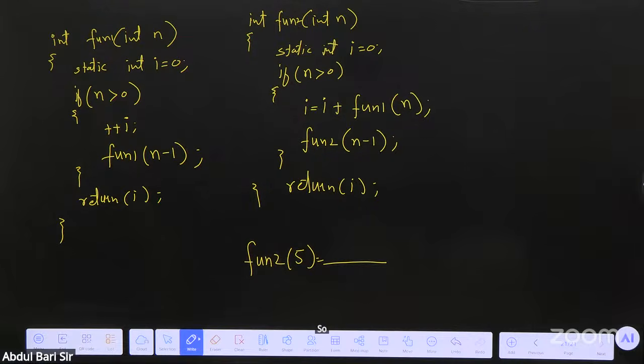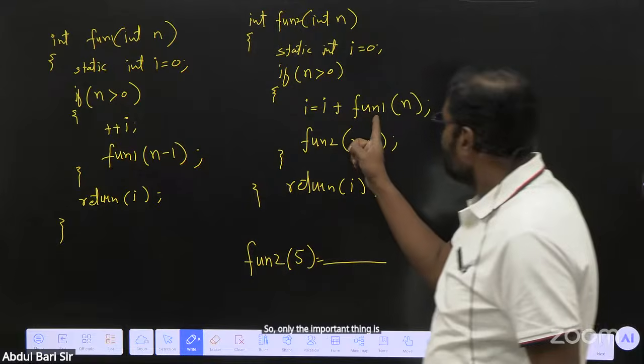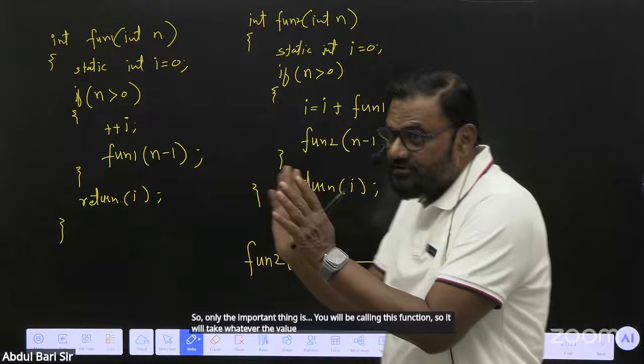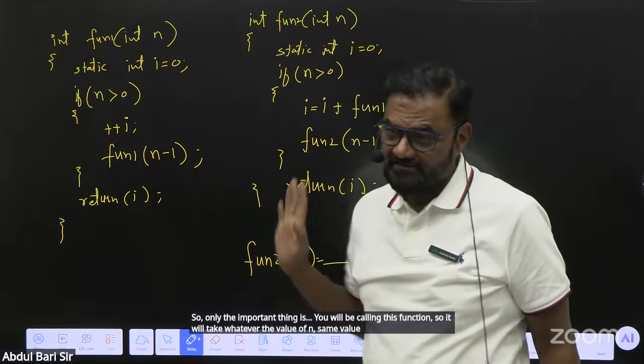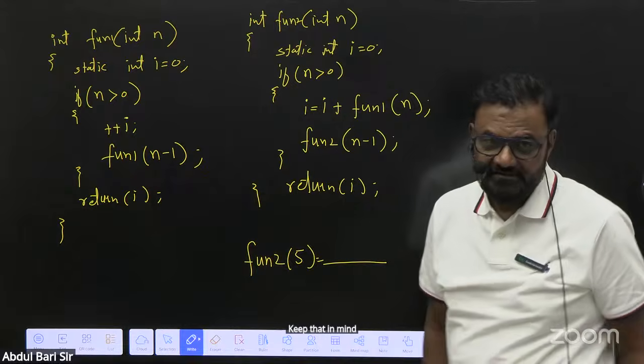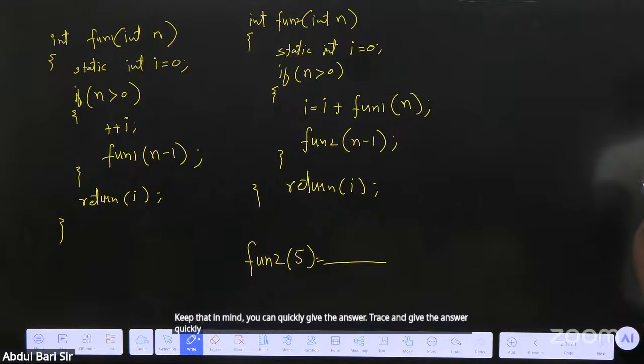The only important thing is that you will be calling this function. It will take whatever the value of n is, the same value, plus the previous value of I. If you keep that in mind, you can quickly give the answer. Trace and give the answer quickly.